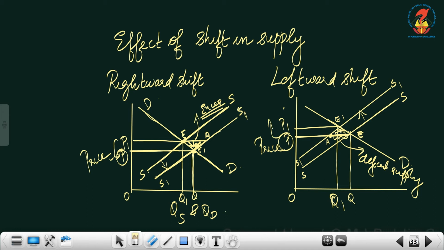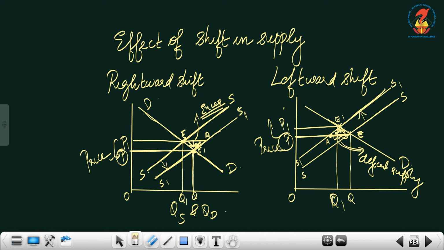Now, when the price is set high, what will happen to the demand? The demand will contract, and in the new supply curve, you can find expansion of supply. So, with the expansion of supply and contraction of demand moving in the same direction, the full deficient supply will be wiped off, and it reaches the new equilibrium point E1, where the existing demand curve intersects the new supply curve.